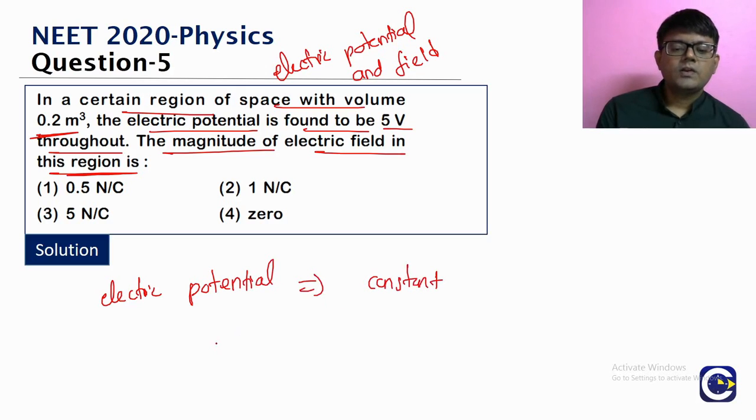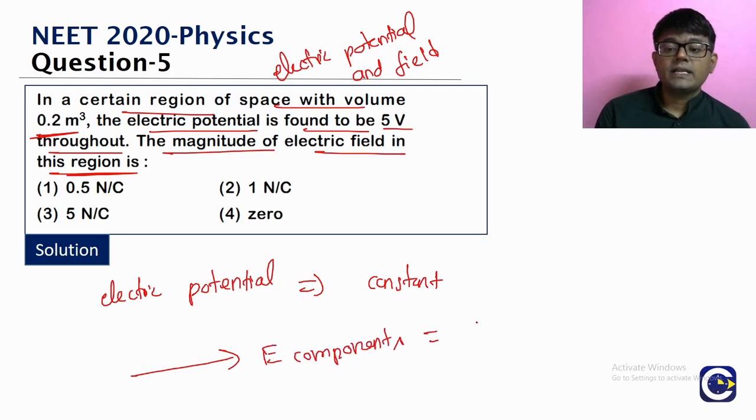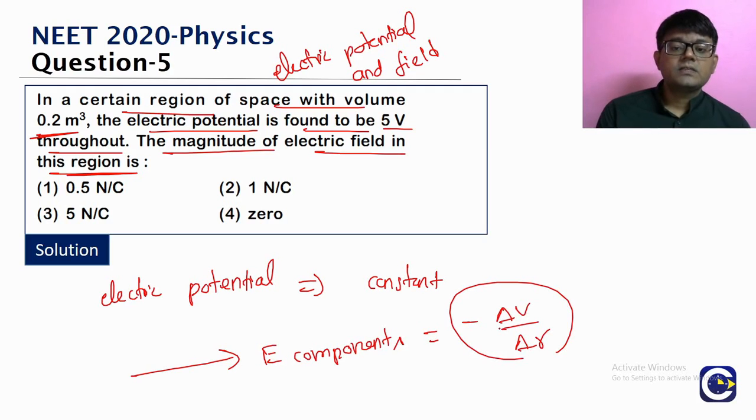Now remember, in any direction you want to find the electric field component. What will be the electric field component value in that direction? Minus delta V by delta R, isn't it? You move a distance of delta R in that particular direction and see what is the corresponding change in voltage, delta V. So minus delta V by delta R will give us the electric field component in that particular direction.